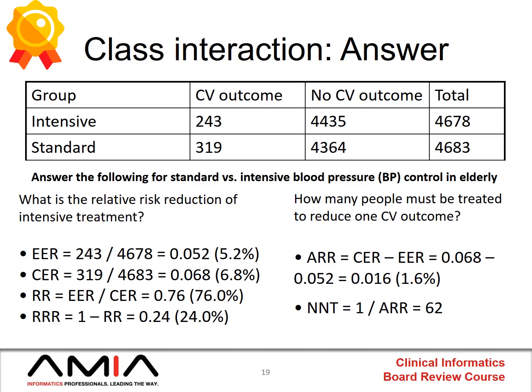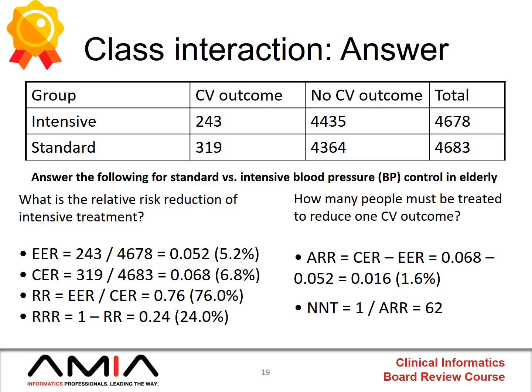We first calculate the experimental event rate and control event rate, which we see are 0.052 and 0.068 respectively, or 5.2% versus 6.8%. This gives us a relative risk of 0.76 or 76%.